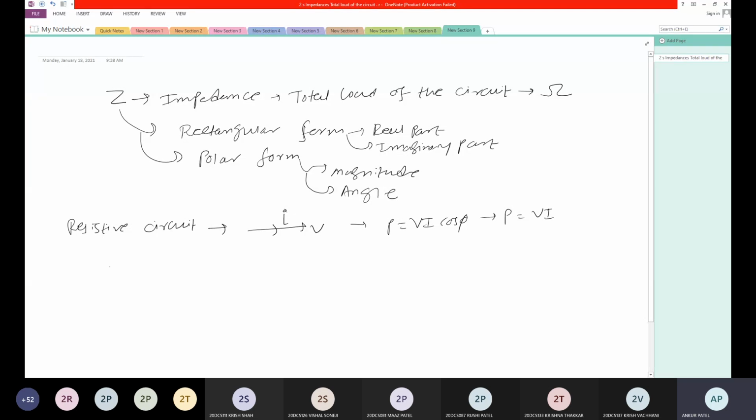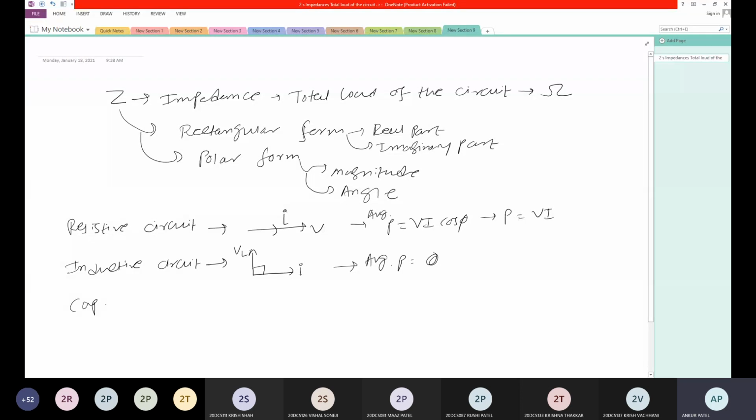For an inductive circuit, voltage leads the current, so I am writing VL, the voltage across the inductor. Voltage leads the current by an angle of 90 degrees, so the average power for an inductive circuit is equal to 0.